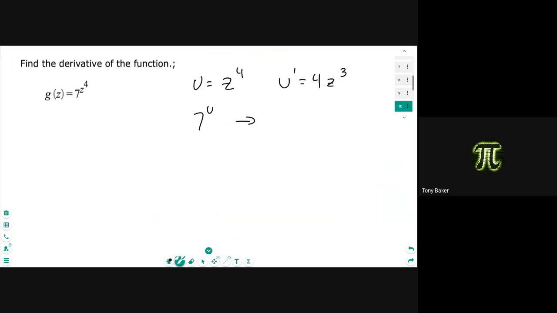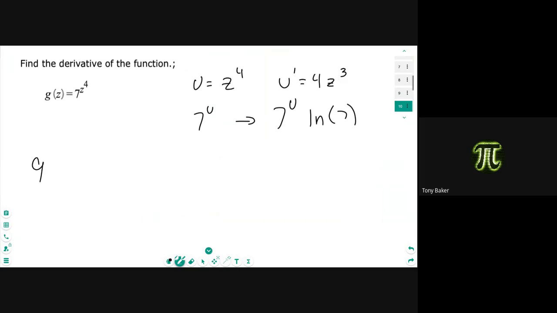There's going to be a natural log in there. So don't try to do it all at the same time. Just do this piece. So this would be 7u ln of 7. And then replace back your u.